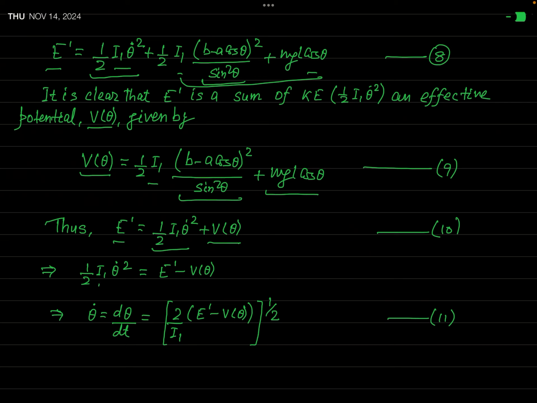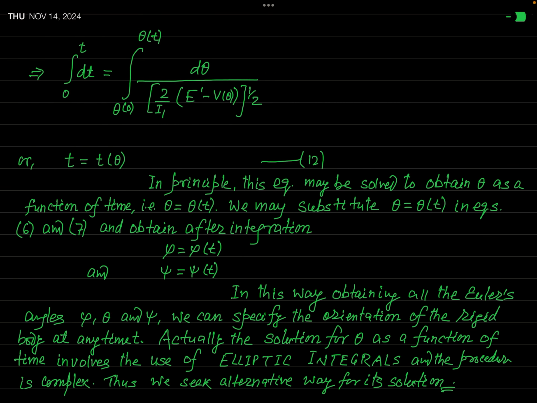And therefore, 1 over 2 I1 theta dot square is E dashed minus V of theta, and therefore theta dot, which is d theta by dt, will be equal to this much. This is the square root of 2 over I1 times E dashed minus V of theta. Now from here we can find t as a function of theta.